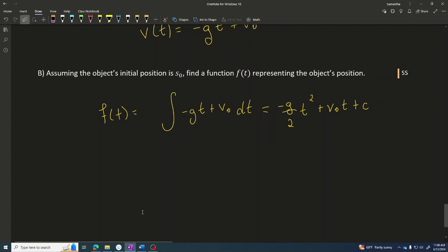Now we are told that the object's initial position is something that we're going to generically just call s with a subscript of 0. So if I plug in t equals 0 for initial, and if I plug in a corresponding position of s naught, then I get negative g over 2 times 0 squared, plus v naught times 0, and then plus c.